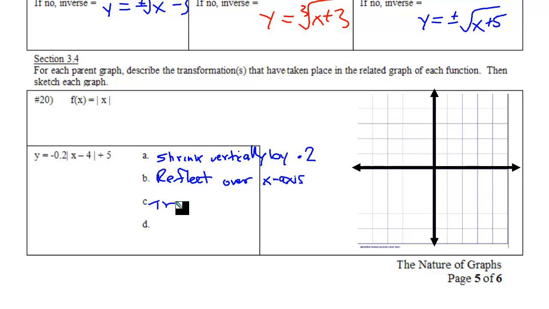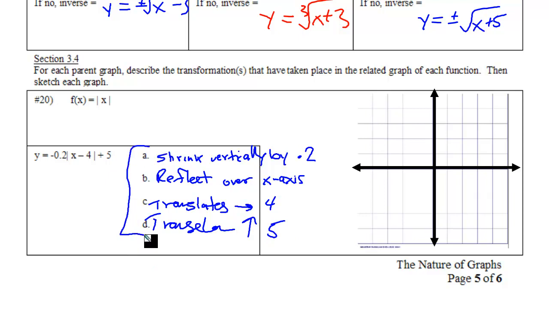This minus 4 translates the graph right 4, and this plus 5 translates it up 5. It should be noted, I gave you D spaces to put your answer. That was random. There could be more than D, there could have been less than D.